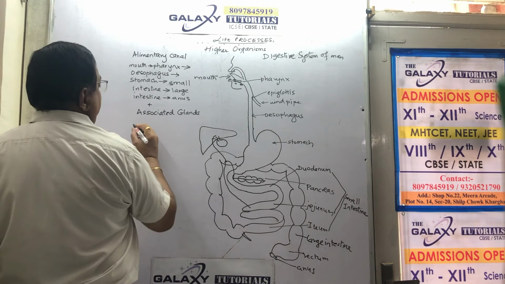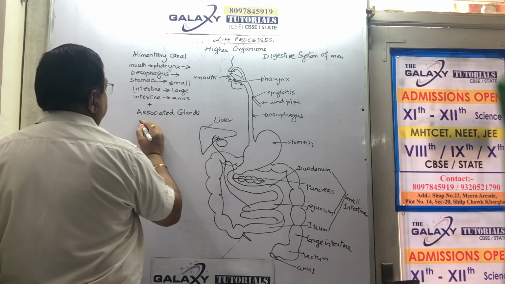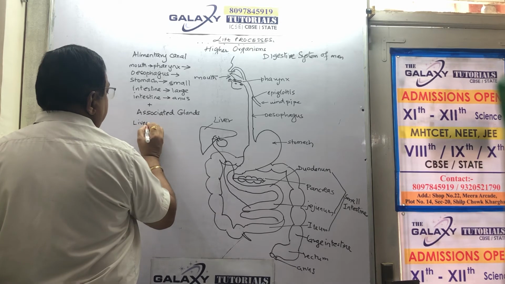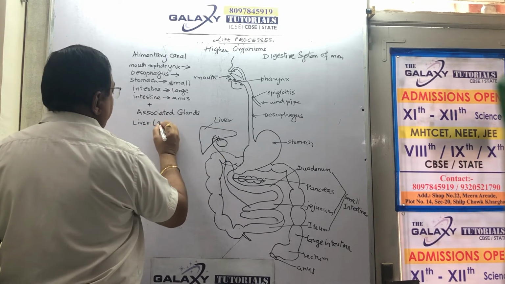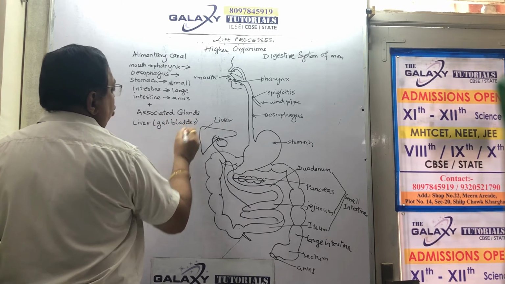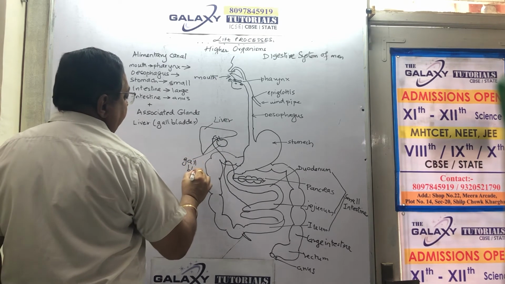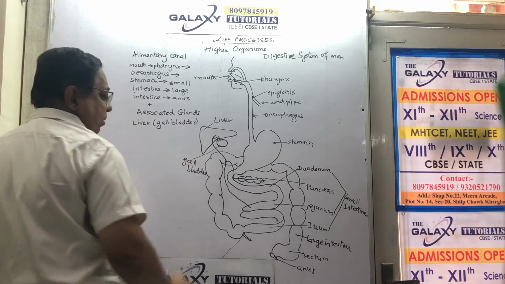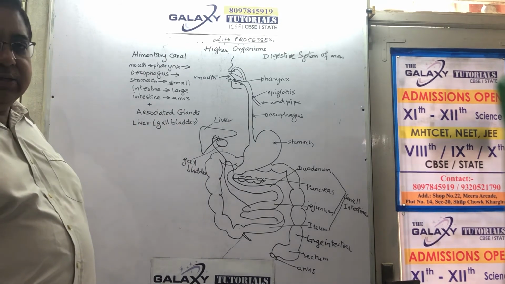These are, in our diagram, liver, then, of course, the liver has, we write there only gallbladder, because liver stores the secretion in gallbladder. Gallbladder is not making anything. It is keeping all the things made by the liver, the bile, inside.